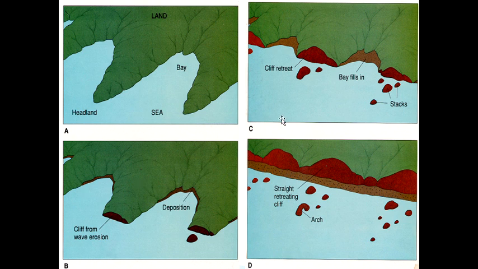If you think several thousand to hundreds of thousands to millions of years later, these headlands have gotten washed back even more, now that there's just a whole series of little islands called stacks out here, and the shoreline is getting straighter and straighter until ultimately you get a nice straight shoreline, and then longshore current starts up again on this thing.